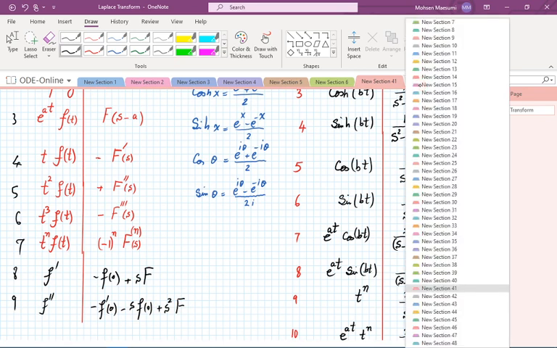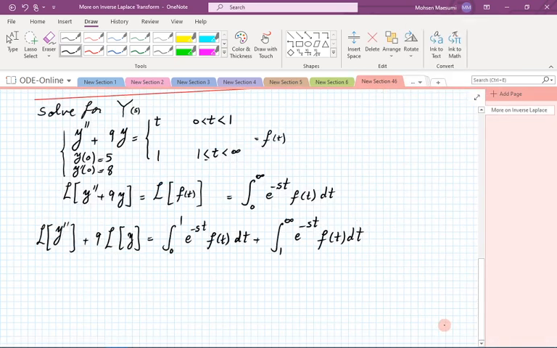So the Laplace transform of y double prime, we said, is minus y prime 0 minus s y0 plus s squared times the Laplace transform of the function itself, y. This is for that first piece. Second piece, 9 times the Laplace transform of y.